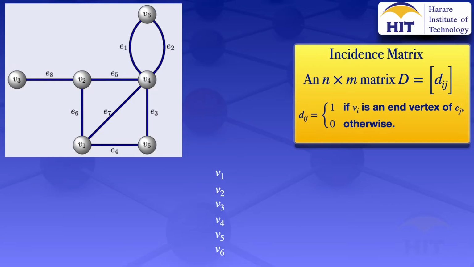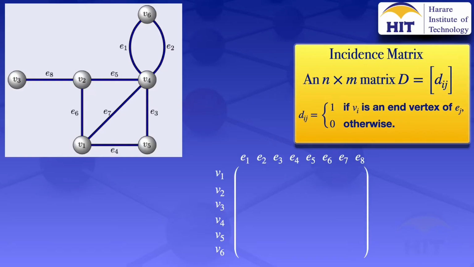And for our columns, the m, we have m equal to 8 because we have 8 edges. So we have E1, E2, E3, E4, E5, E6, E7, E8, and those are all the edges that we have there. So that will help us in writing the matrix that we want.